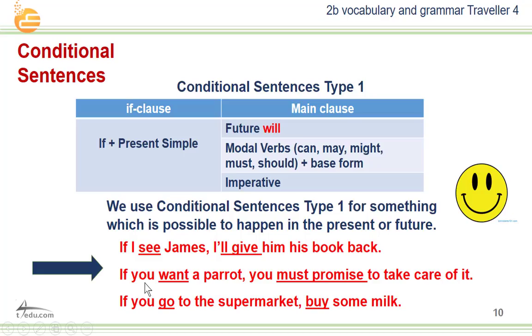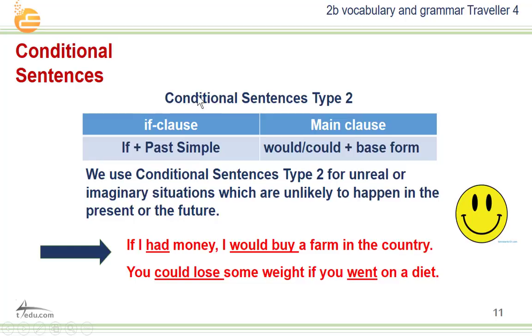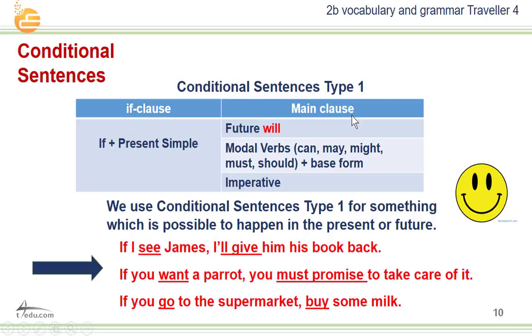Now we will move to another rule, which is conditional sentences. We have conditional sentences type 1 and conditional sentences type 2. Conditional sentences are used for something which is possible to happen.